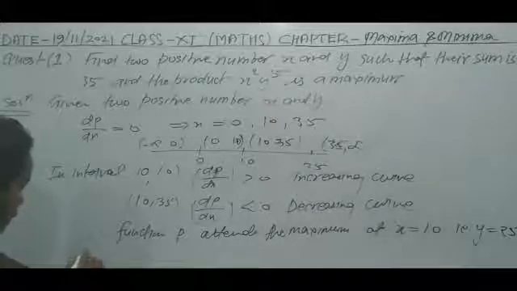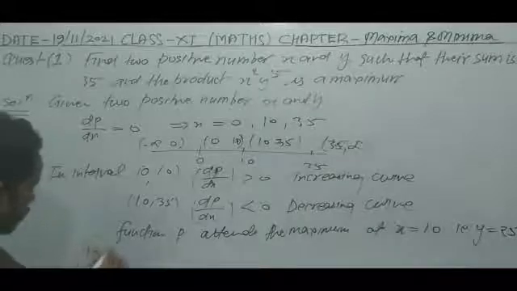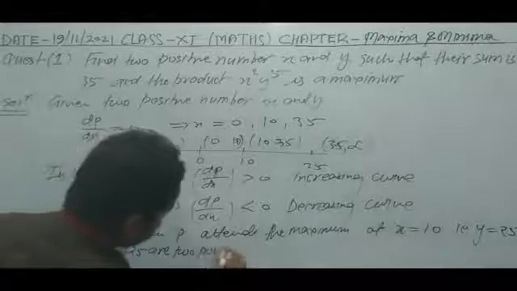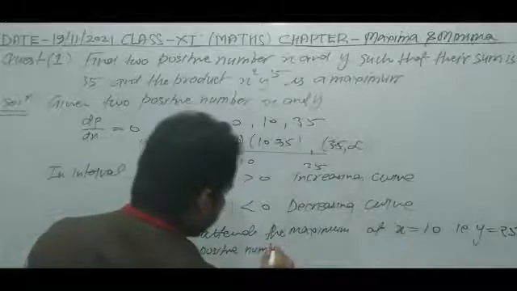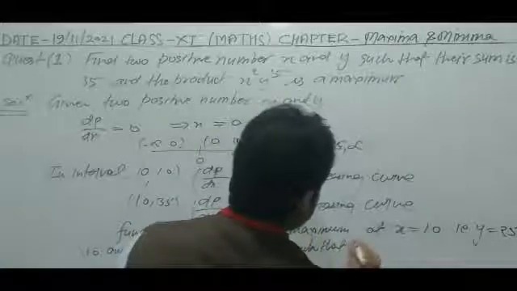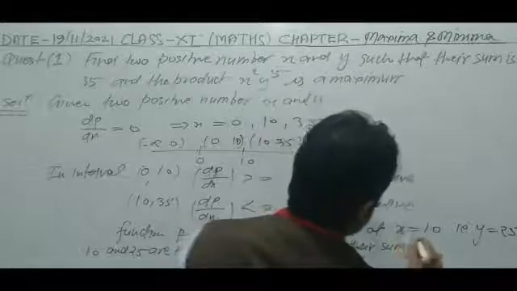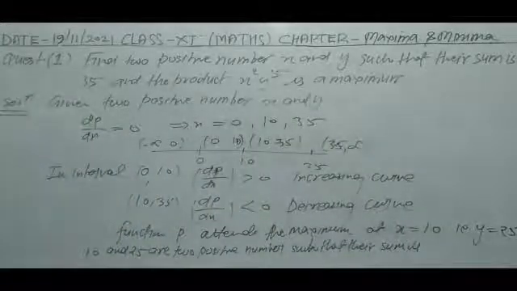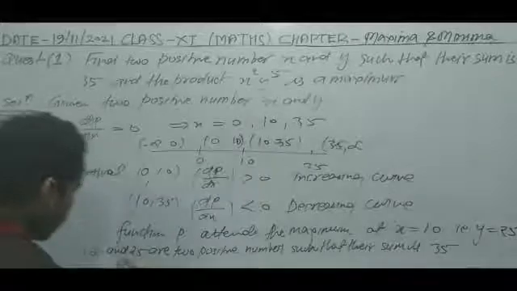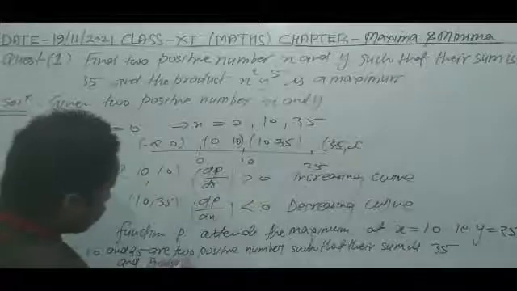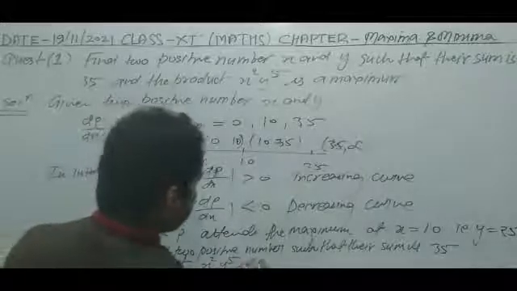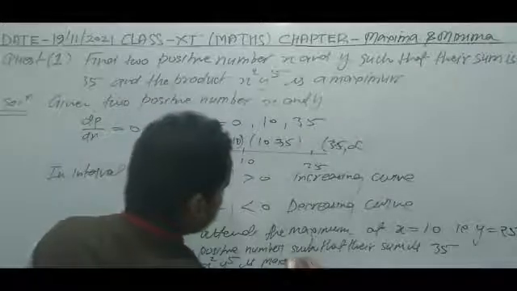Therefore 10 and 25 are two positive numbers such that their sum is 35 and the product x square y to the power 5 is maximum.